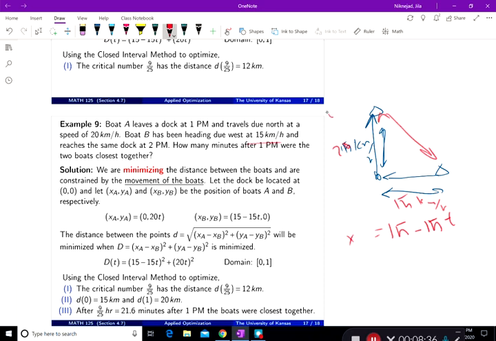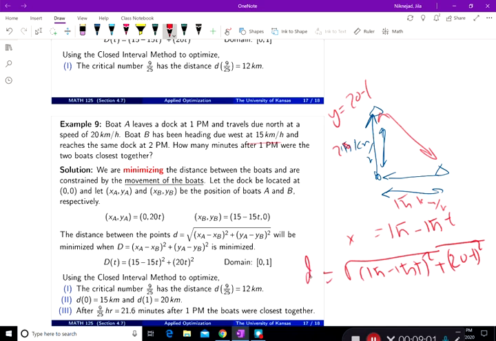And then y starts at 0 and goes 20 times t. So the distance between them is going to be the square root of (15 minus 15t) to power 2 plus (20t) to power 2. Now, this is the distance between them.